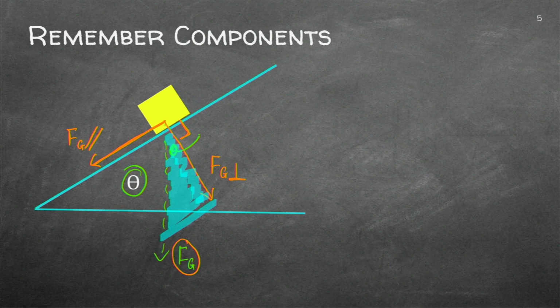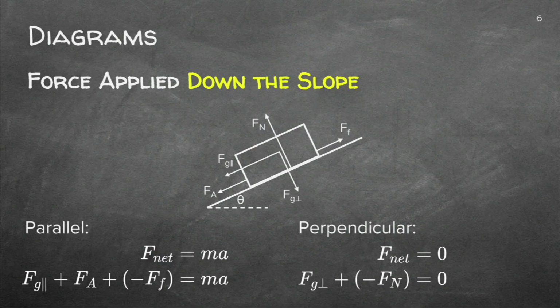Go back to Newton's laws and see that you can do the forces on a slope. Now, what are the diagrams that you have here? When it's moving downward, you can see that this force here will be downward, and you've got the applied force going downward, which means the frictional force will then be upward.